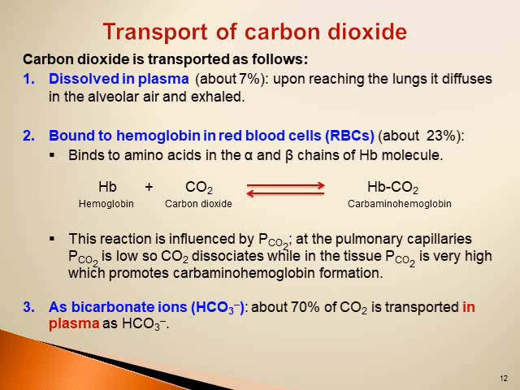So the carbon dioxide that is released from the tissues to the systemic capillaries, 70% of it will be converted inside the red blood cells to bicarbonate, and then it will be released into the plasma there in the systemic capillaries, and it will be carried back to the lung in the plasma as bicarbonate. And the process will be reversed in the lungs, as we'll see in the coming slides.